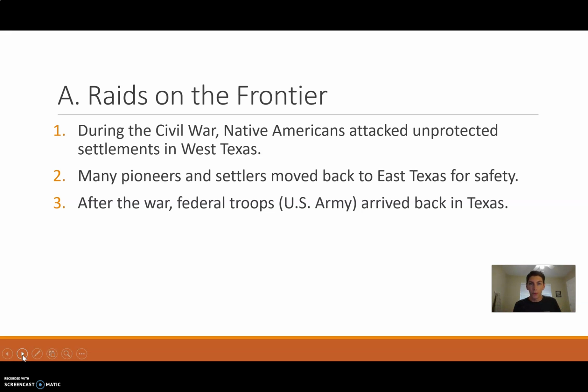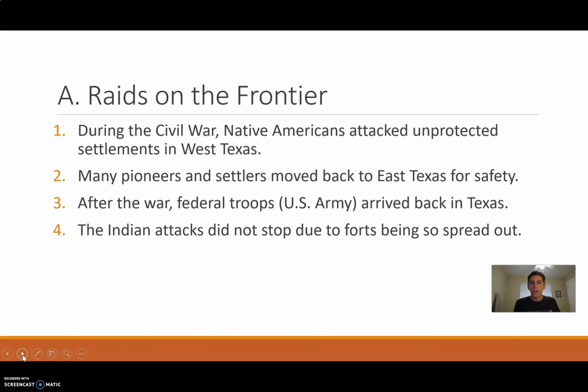And the Union forces, after winning the Civil War, now occupied the South. And so they placed federal troops in the western portion of Texas to try to keep settlers safe. And they began building forts all along the western portion of Texas, but the Indians didn't stop.